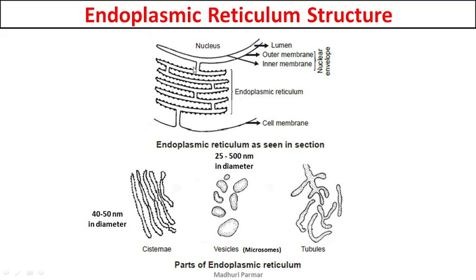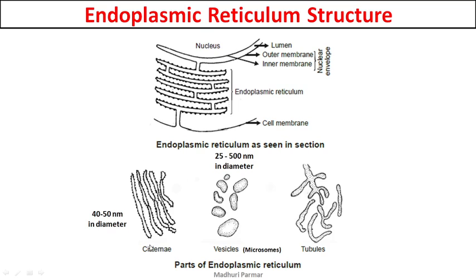Can you see here? So this is the nuclear membrane, and with this nuclear membrane, the endoplasmic reticulum is connected. Each such channel, each such sac-like structure, is called a cisterna, which is written here, cisternae.